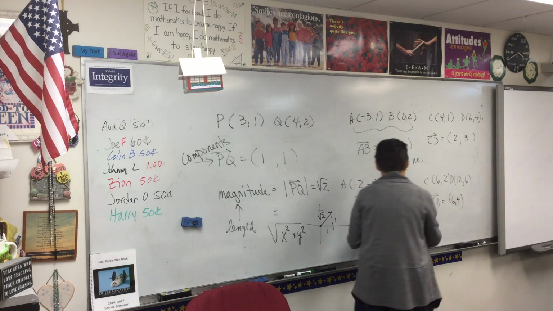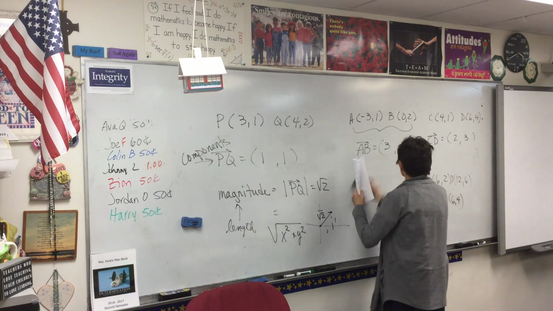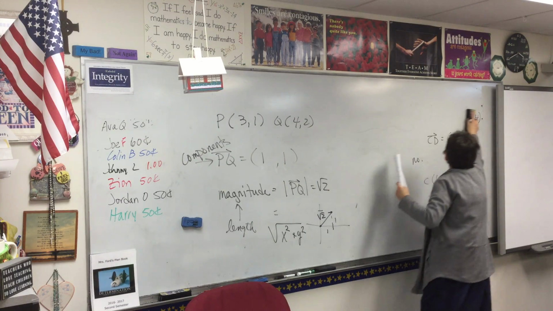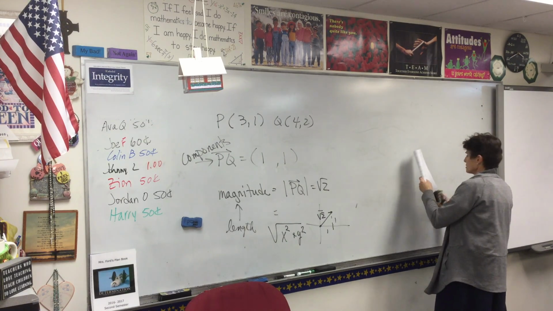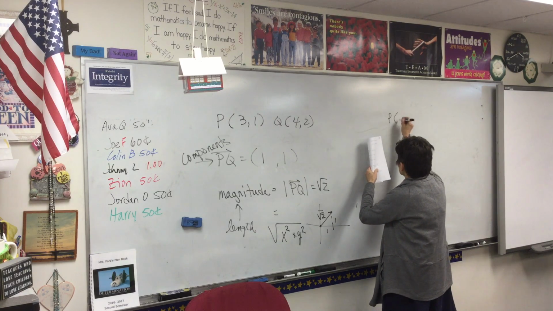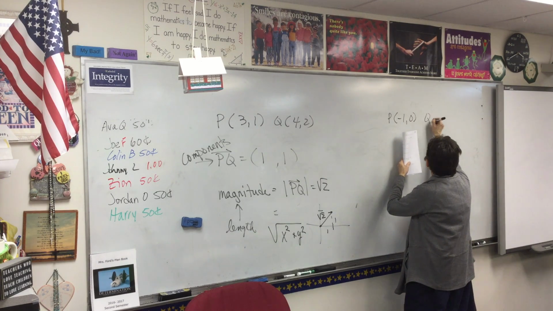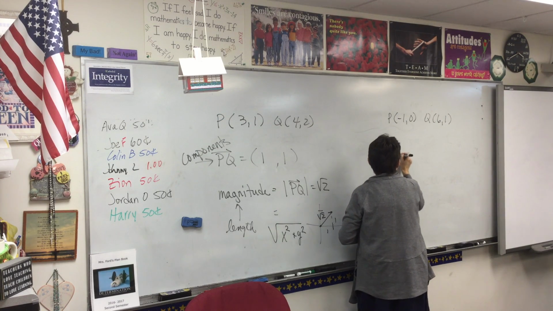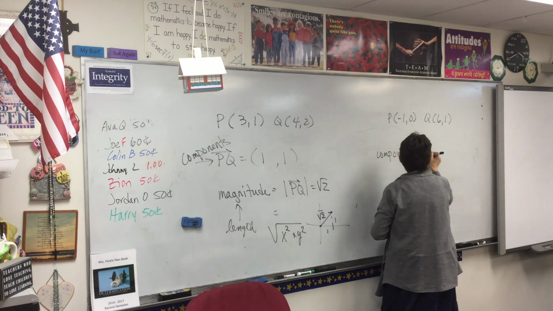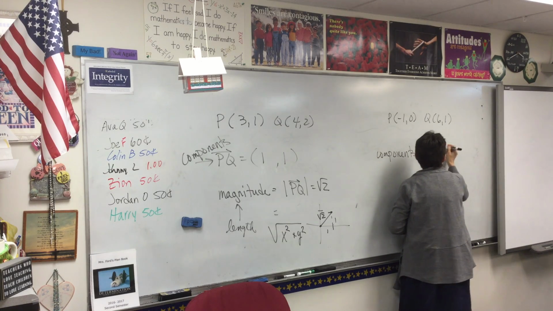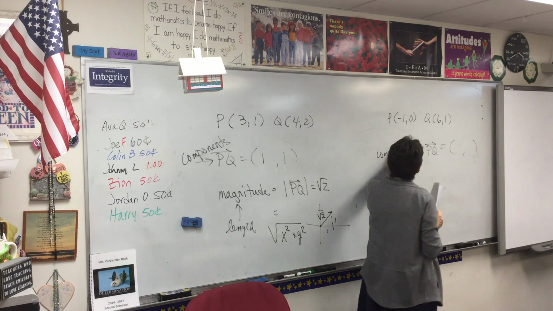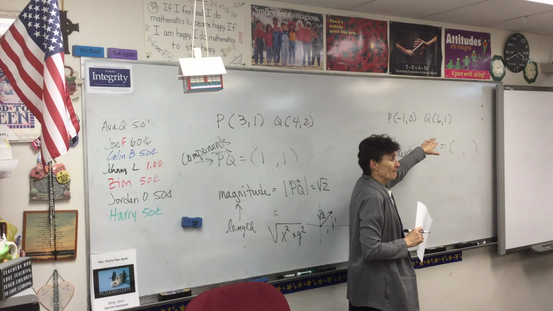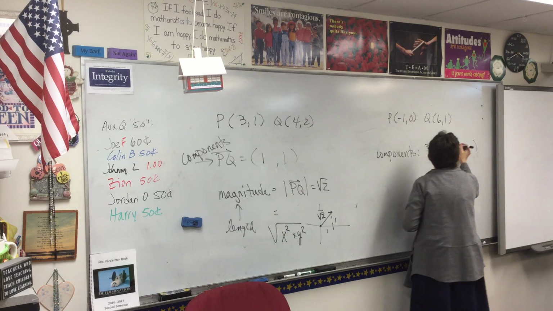All right, let's do one more. Letter B. First thing we got to do is find the coordinates of PQ. Okay, so these are our components. We're not going to be confused by that word. We're just finding what is PQ. What would PQ be? 7, 1.